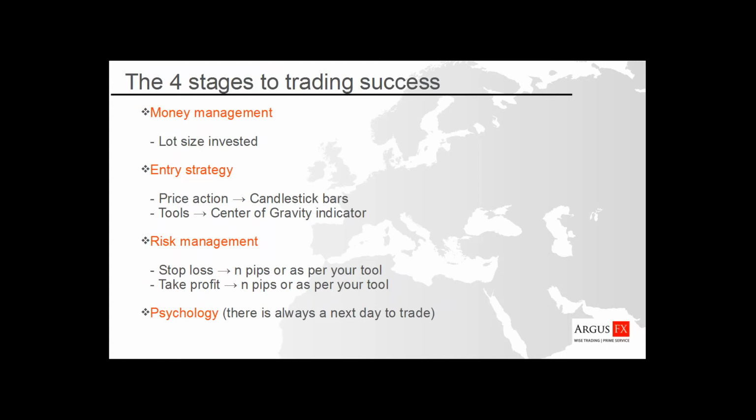As a result, they vanish their account balance and they do not have money to trade the next day. In other words, they feel that if they don't trade all the account balance today, there will be no tomorrow. But you should always think that there is also a next day to trade. Do not put all your eggs in one basket. Trade today, trade tomorrow, and to do this, you must at all times apply appropriate money management.